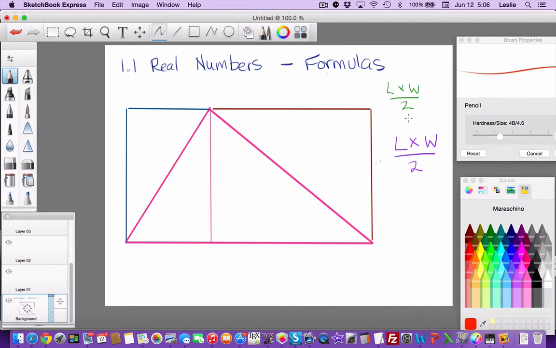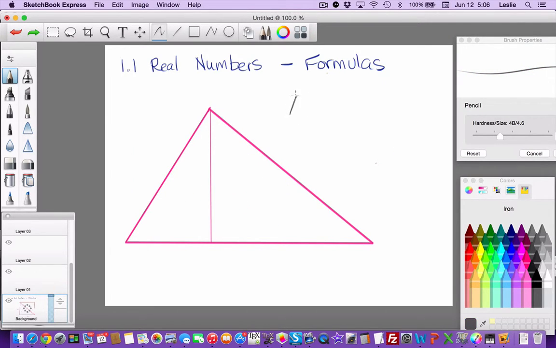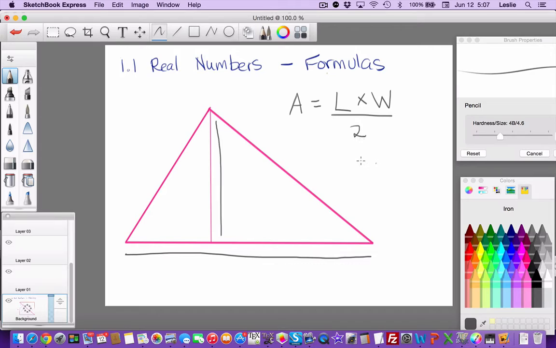The length times the width cut in half of one side of my rectangle plus the length times the width of the other half gives me the total area of the triangle, this half of this rectangle, plus this half of this rectangle, or the total area of the triangle. So the area of a triangle is found by taking the length of the rectangle it's a part of and multiplying it by the width of the rectangle that it's a part of and cutting that in half.